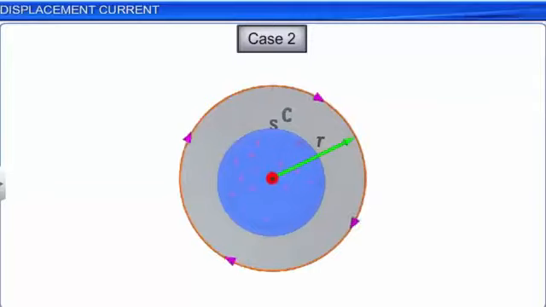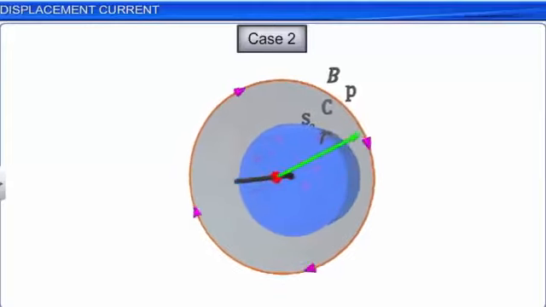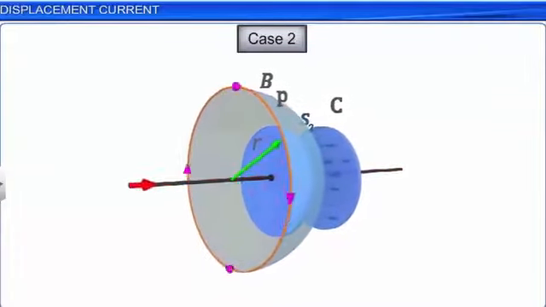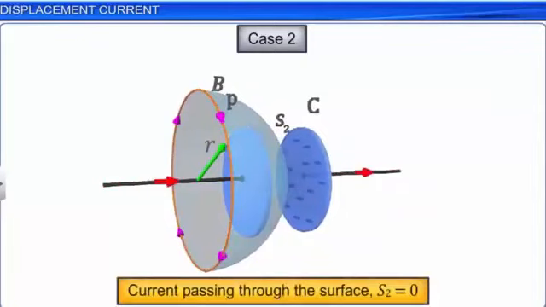Let the point P be on the open surface of the cup. The surface S2, which is in the shape of a cup, does not touch the conducting wire and the plates of the capacitor. Thus, the current passing through the surface S2 is equal to 0.